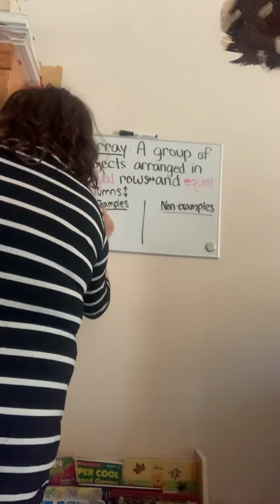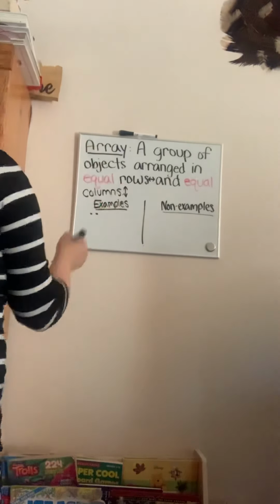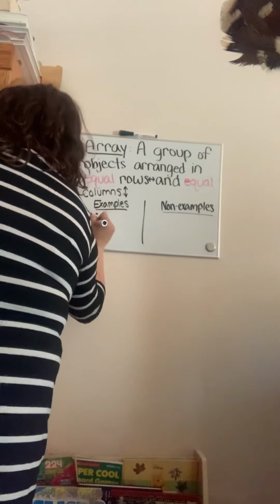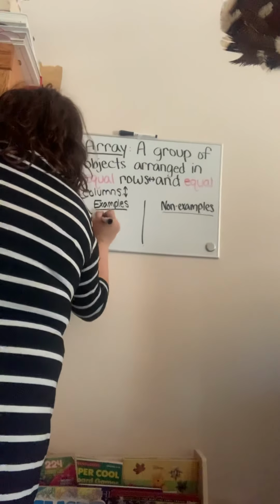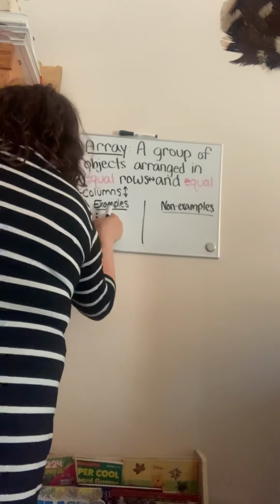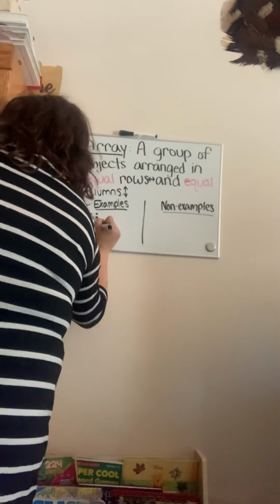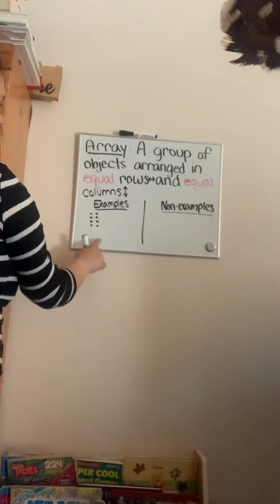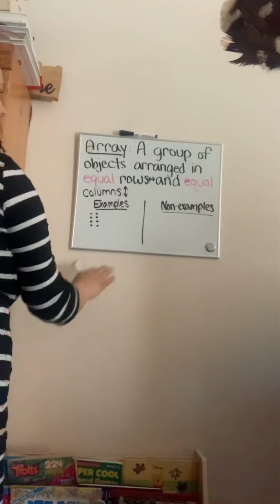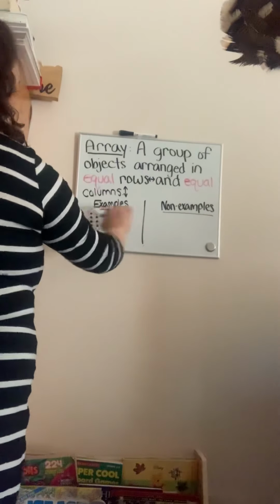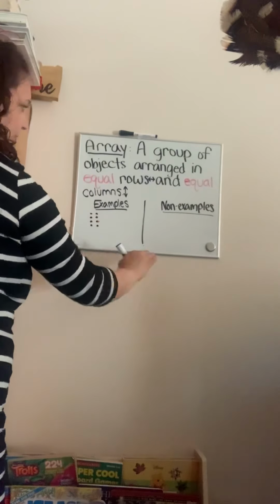So if I have 2 columns and then 4 rows, I'm going to do... So I have 2 columns, 2 lines going up and down, and 4 rows going side to side. 1, 2, 3, 4.